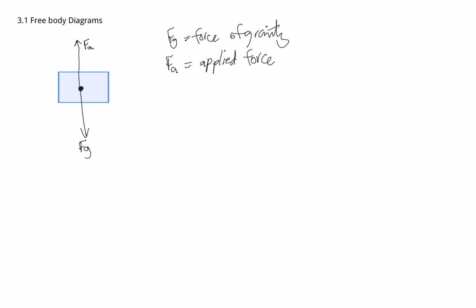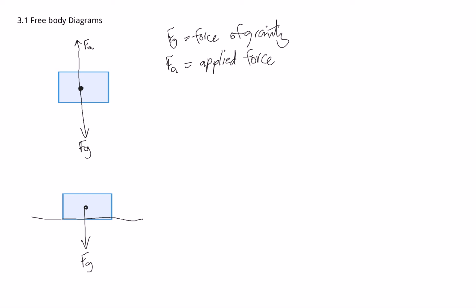Let's do another object. In this case we have a book again, but instead of being held up in the air, it's sitting on top of a desk or a floor. We still have gravity going downwards, but now I'm not applying a force to hold it up.